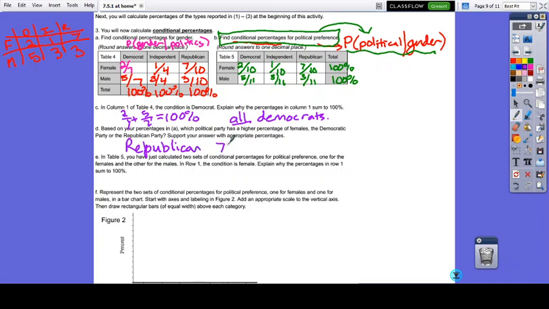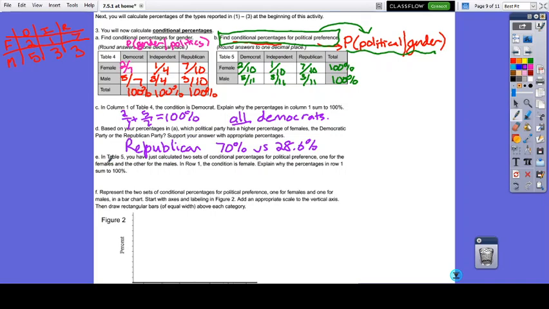What we're looking at is the 70% versus the 28.6%. So we're looking at the 2/7 versus the 7/10, and that's where we get the Republican there.